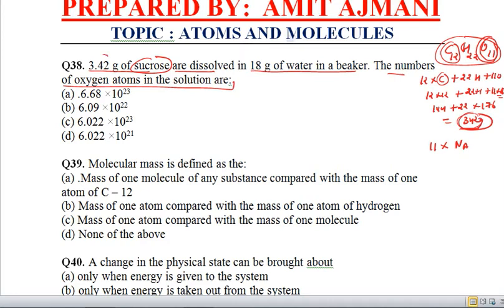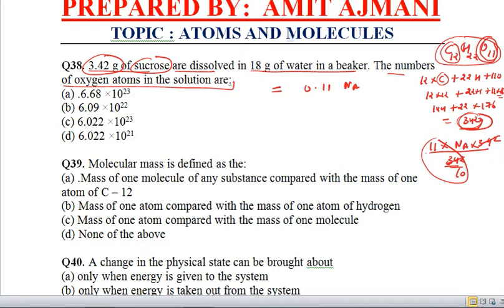So, in 3.42 grams, it will be the Avogadro number into 11 into 3.42 divided by the gram molecular mass 342. So this comes out to be, cancelling, 11 by 10 is 0.11. So the number of oxygen atoms in 3.42 grams will be 0.11 into Na.